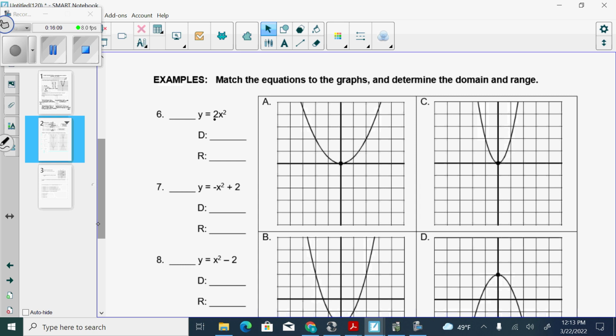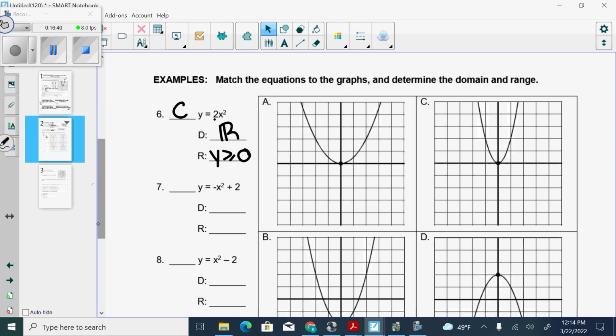No. So I'm looking for a graph that looks skinnier and still starts at 0, 0. Very good. Okay? In picture C, what is my domain? All reals. Very good. My range, does this thing go up forever? Yes, but does it go down forever? What's the lowest it goes? Very good. So y has to be greater than or equal to 0.